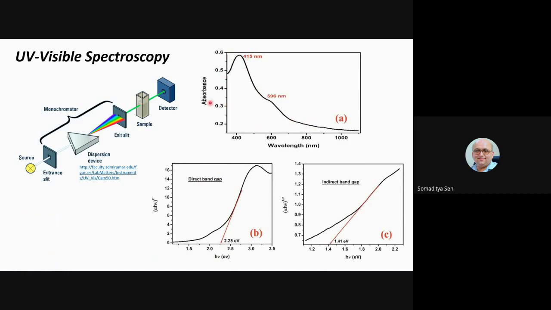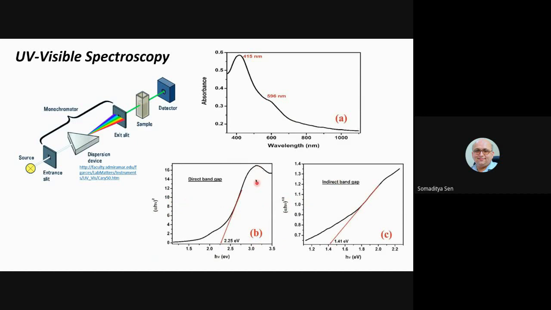Now this absorption spectrum can be translated into a format called the Tauc plot. The Tauc plot can differentiate the direct band gap and the indirect band gap by putting the power here. It is 2 in case of direct band gap, and for indirect band gap it is a half. I am not going into the theory part today because it will take much longer.